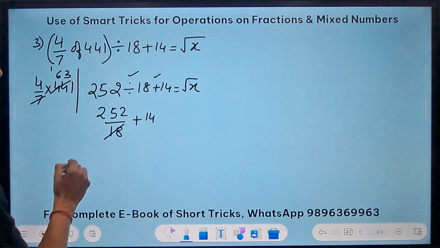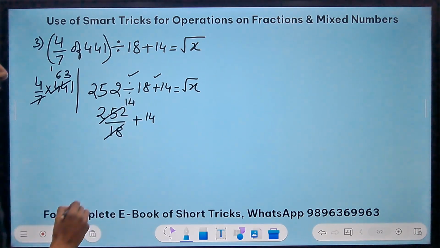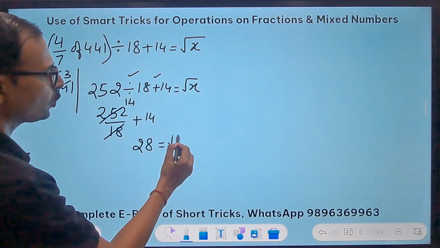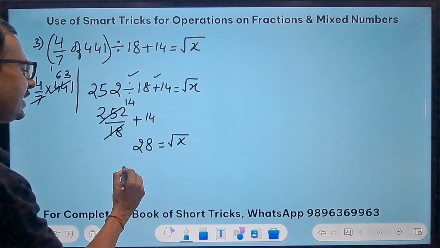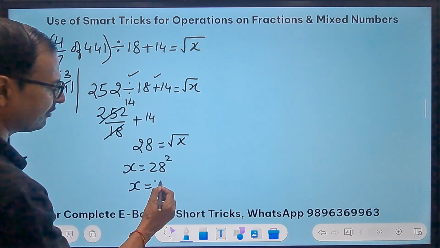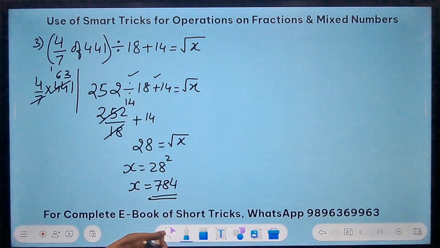So 18 ones are 18 and 72 means exactly 4 times. So you have 14 plus 14, 28 on the left hand side and root x on the right hand side. And if root x is 28, then x is 28 square. So the answer for the question is 784, which is the square of 28.